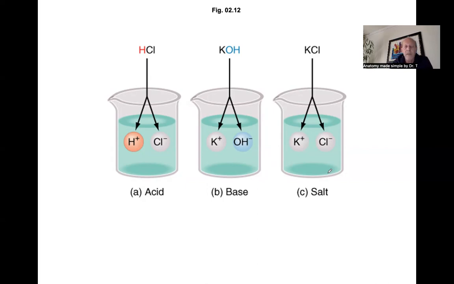But there are other inorganic chemical molecules which, when allowed to dissociate, yield a high content of hydrogen ions or hydroxy ions. Hydrogen ion is with a single positive charge.